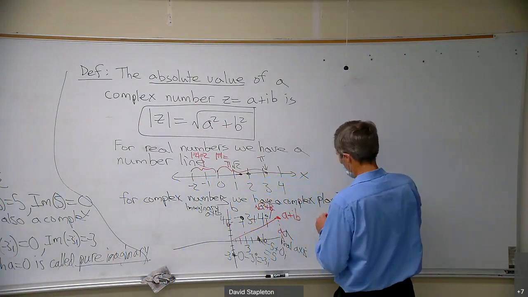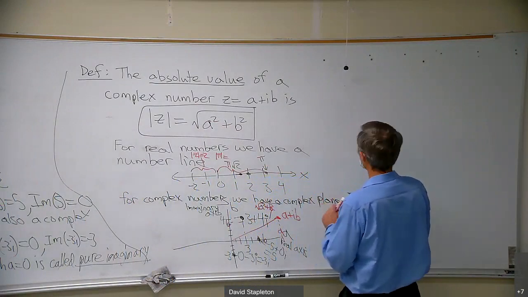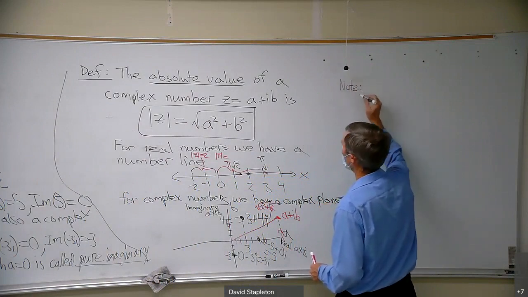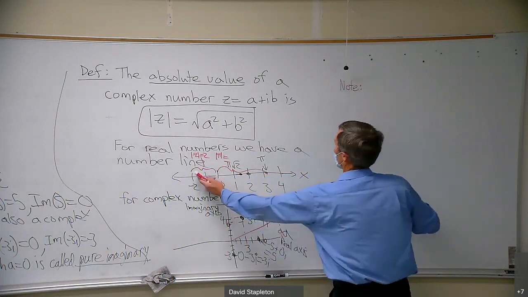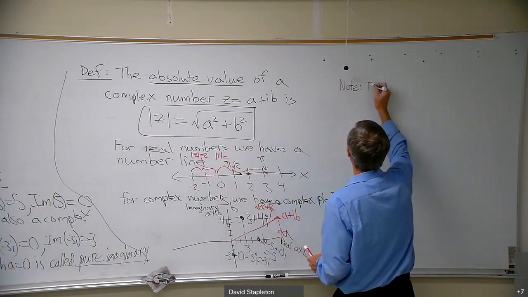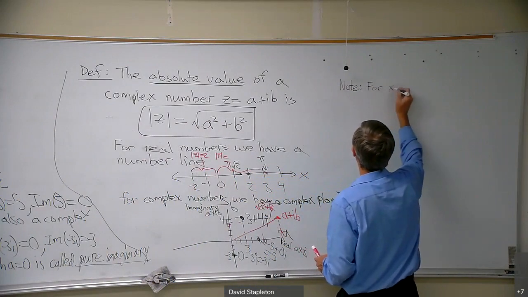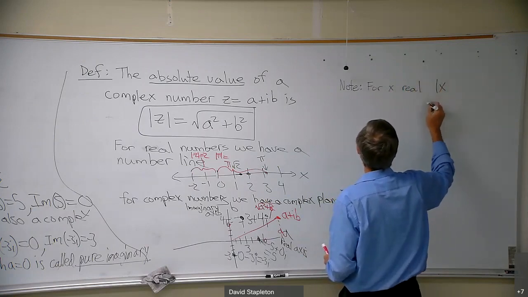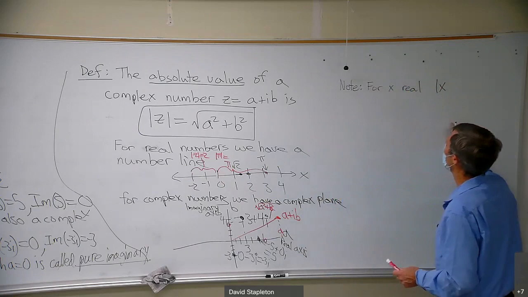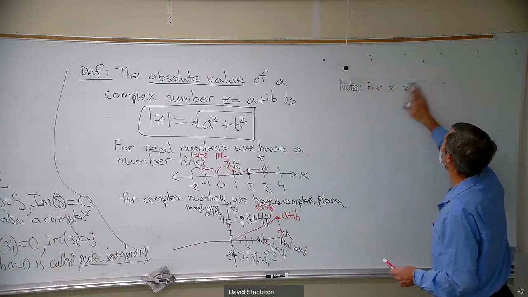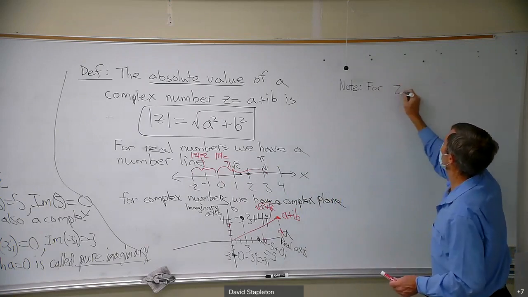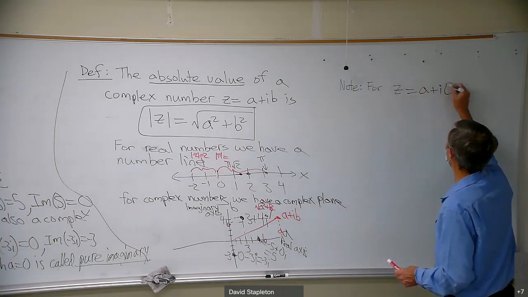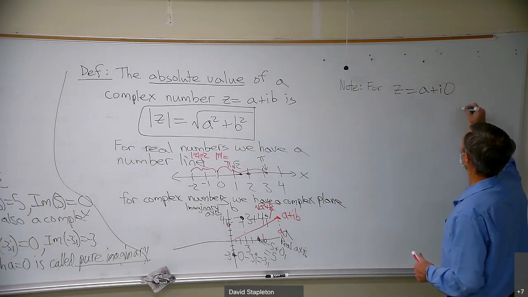So note, for any real number we say it's the distance from the origin, we could define the absolute value of x. Or let's say for z equals a plus 0i, what do we get?